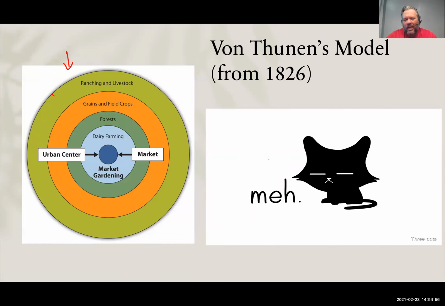And I put this little cat here because take note that this model came out in 1826. And just to give you some perspective, Thomas Jefferson died in the year 1826. And so we're talking about a model that is almost 200 years old.